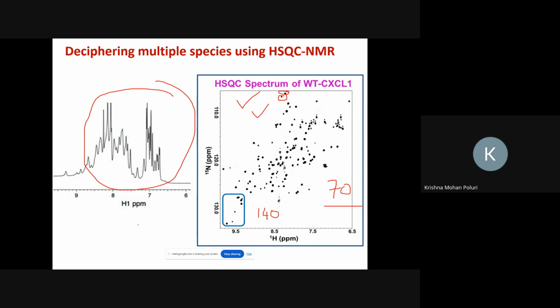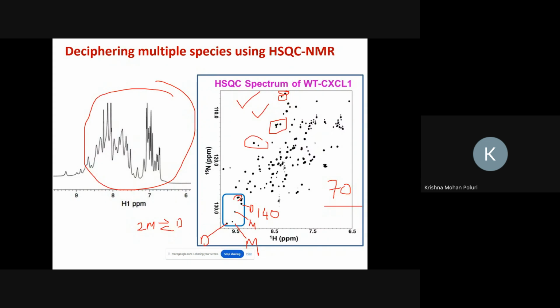Essentially, this molecule is in an equilibrium of monomers and dimers. So for every dimer peak, I can show you a monomer peak also. This is monomer, this is dimer. Again here there are two peaks, monomer, dimer, and so forth.